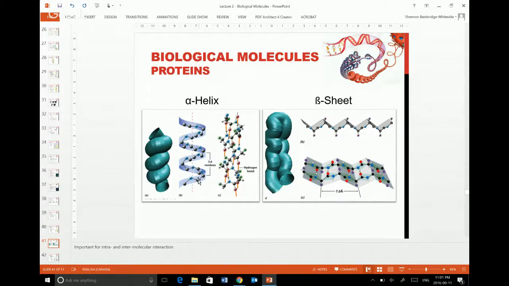When you see more simplistic diagrams, which you're going to see in the next couple of slides, an alpha helix looks like a wound ribbon. The other one is the beta sheet, where you have the amino acids folding up and down, coming around, pulling in 180, and then folding up and down again. When you see these more simplistically drawn, we see sheets of arrows.